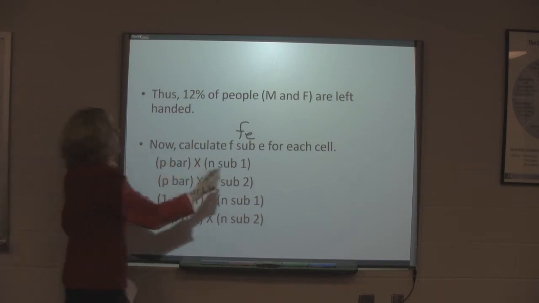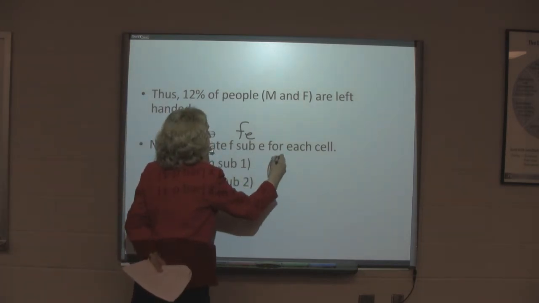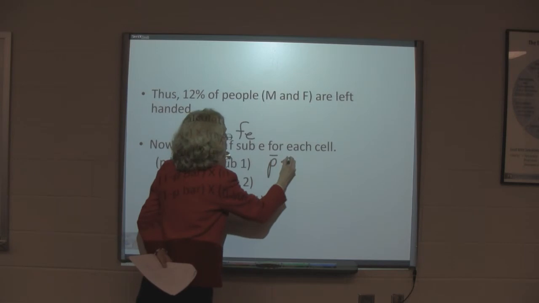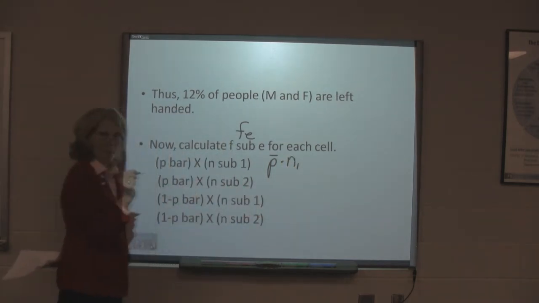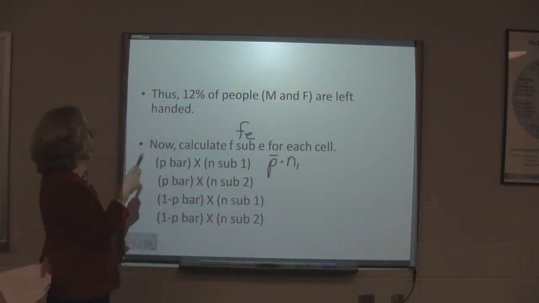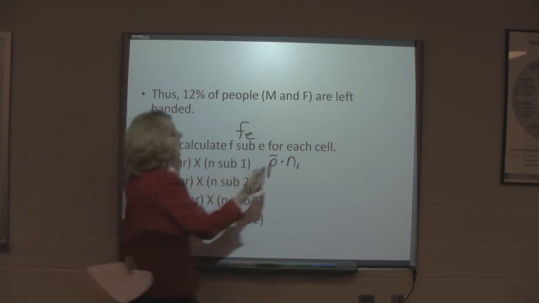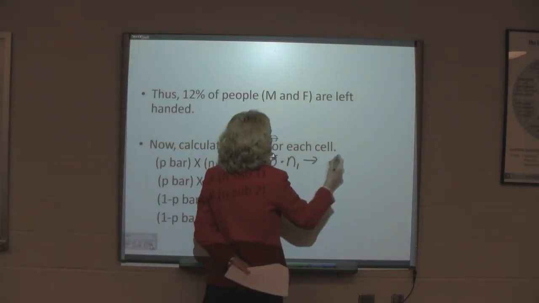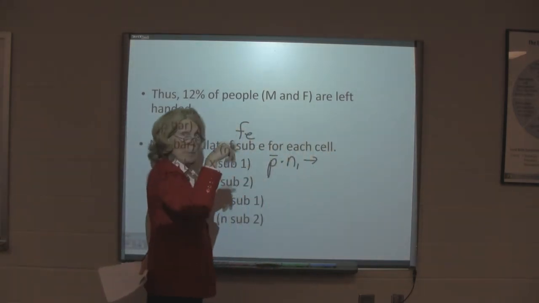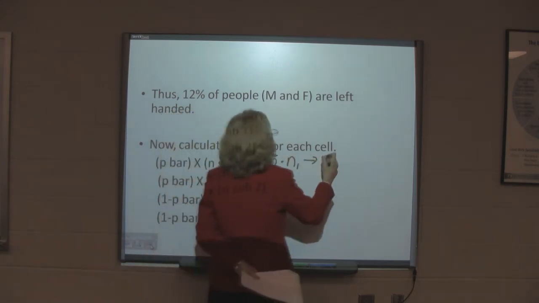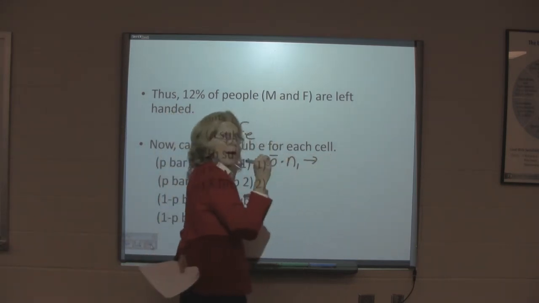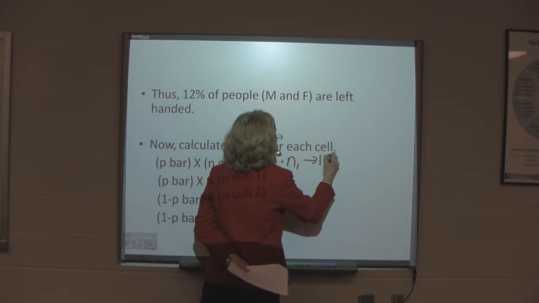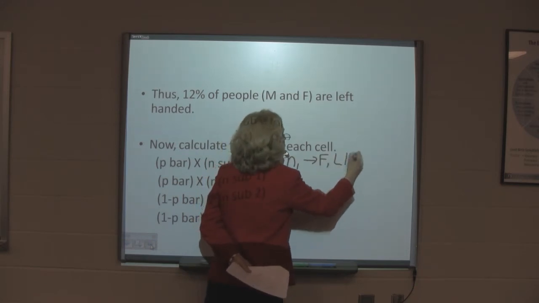What we're going to do is take P bar times N sub 1. P bar times N sub 1, that number will be the number that goes in the top left-hand cell, the proportion out of the sample of females who are left-handed.